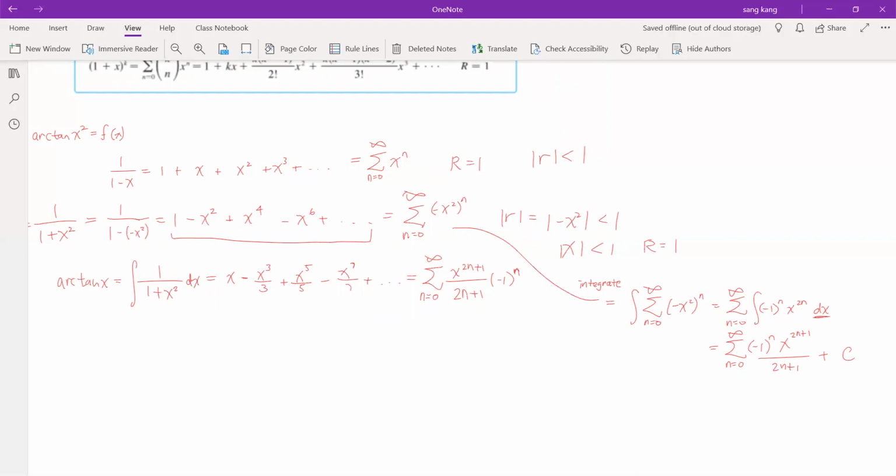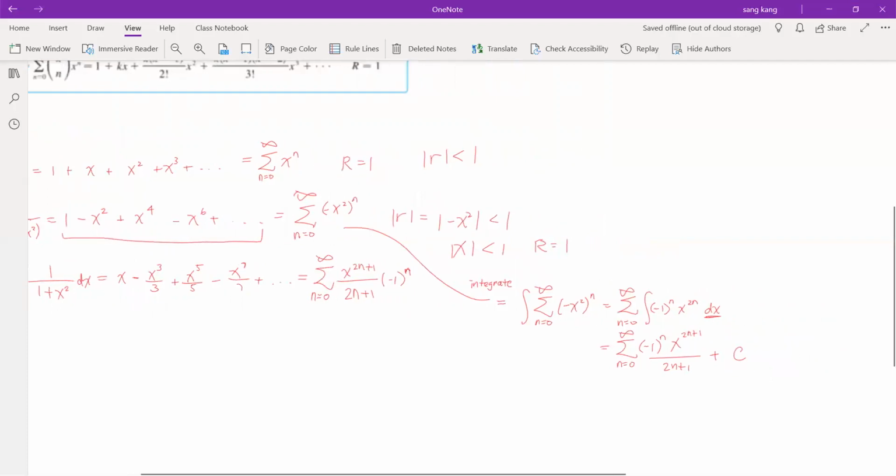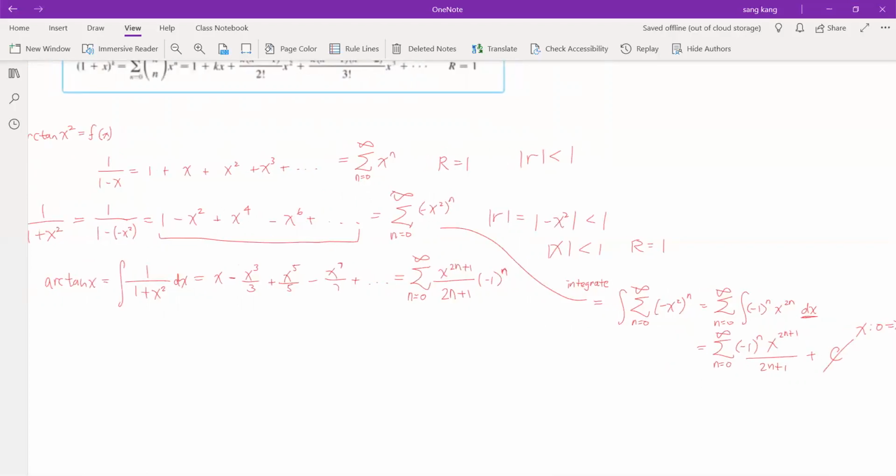Now, in order to solve for the c, we plug in a value of x. We judiciously choose our value of x such that we can isolate our c. So looking at this expression, more often than not, you're going to choose x equals 0, but that may not be the case all the time. So if x equals 0, the right-hand side would be 0.